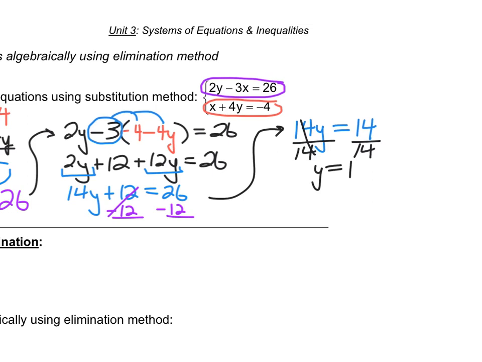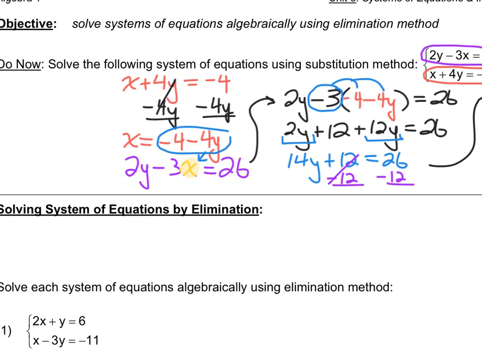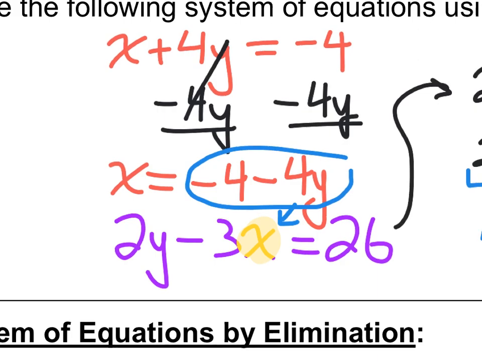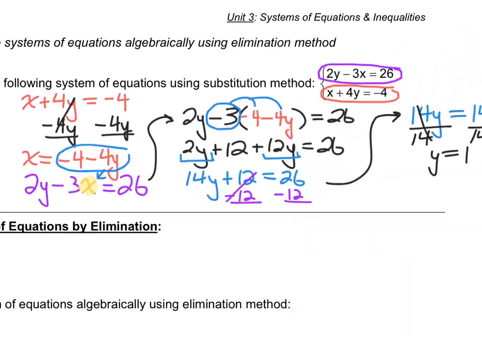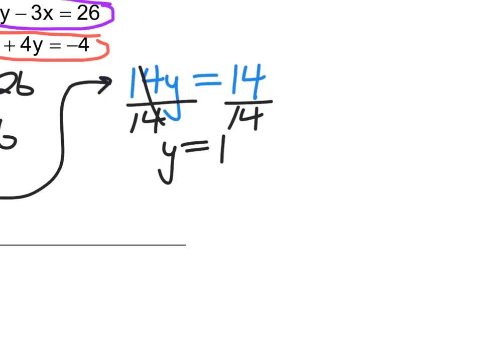So I want to get the x that goes along with that. So I can choose any relation that compares y and x. I did the work to get x alone, so I might as well take that piece of information. So x equals negative 4 minus 4y. And I now know that y is equal to 1.